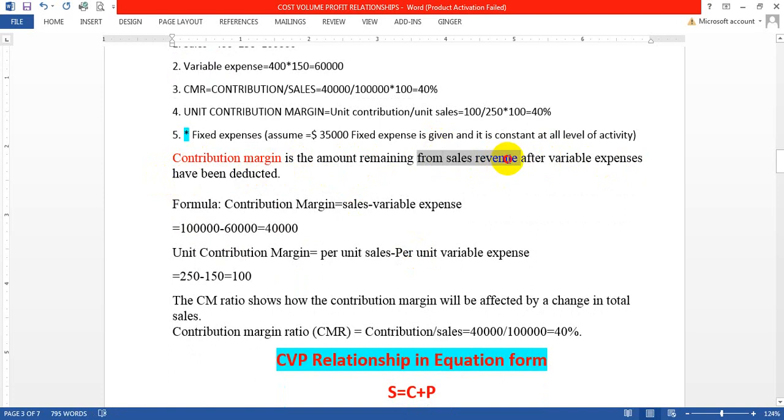If variable is deducted from sales, the value you get, that is 40,000 in this case, is your contribution margin. Unit contribution is per unit sale minus per unit variable expense, equal to 100, right? The CM ratio shows how the contribution margin will be affected by a change in dollar sales. If sales change, what change will come in the contribution margin?